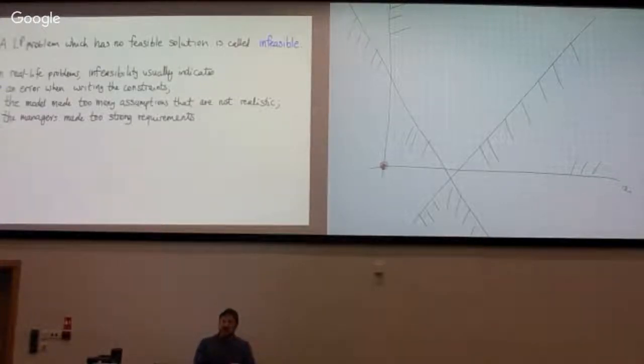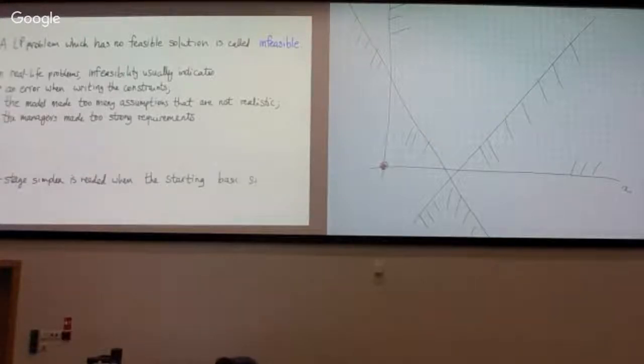So the two-stage simplex is needed when the starting basic solution of the usual simplex, which is all the x's equal to 0, is not feasible.